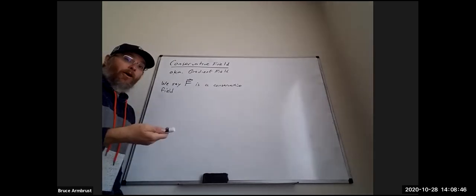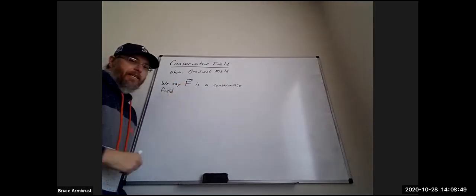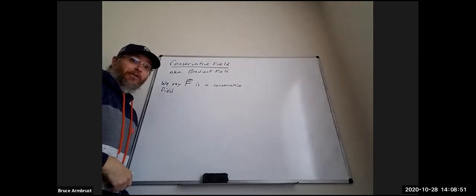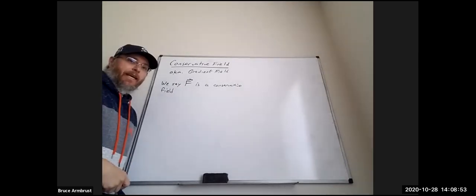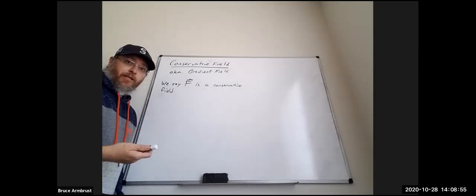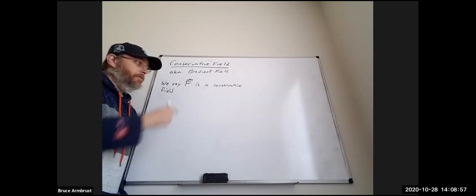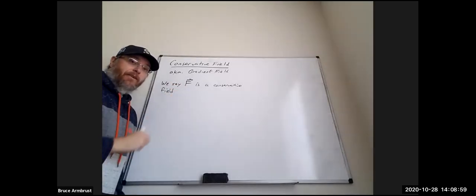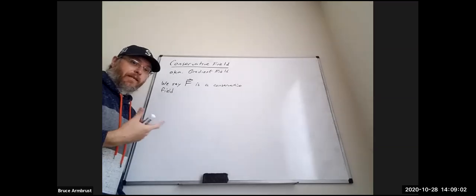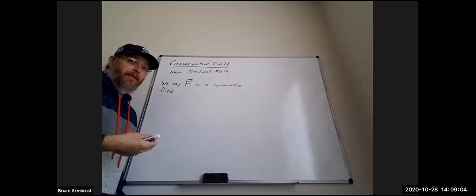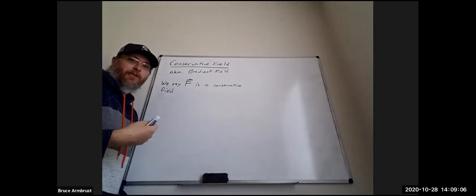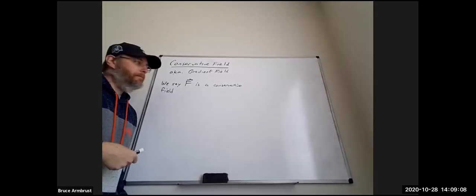We are getting vectors out. But I'm going to use capital F to show that it's a field as opposed to a vector-valued function. So if I've got a capital letter vector as a function, we're going to think of that as a vector field. That'll just be our standard way so that we don't get confused.